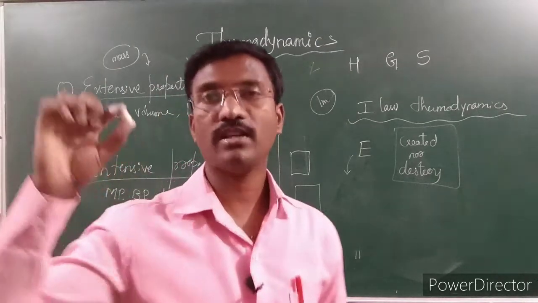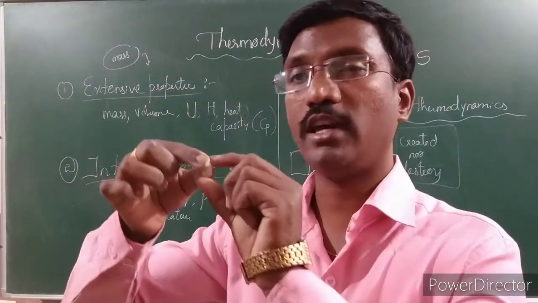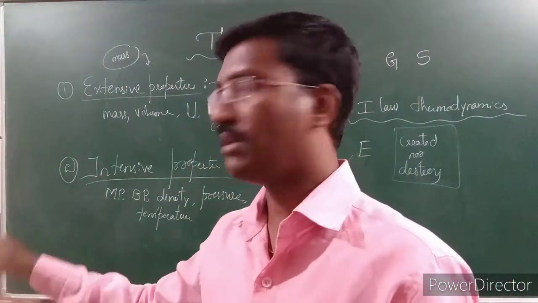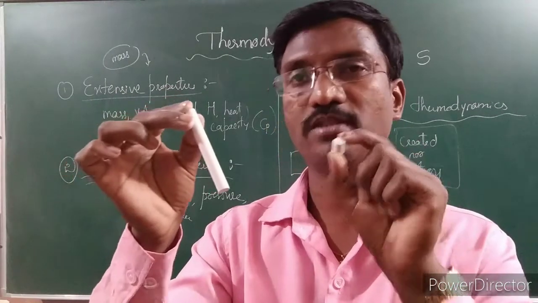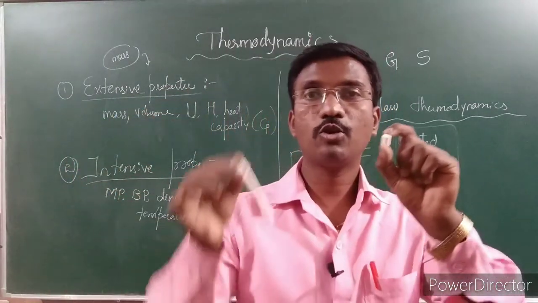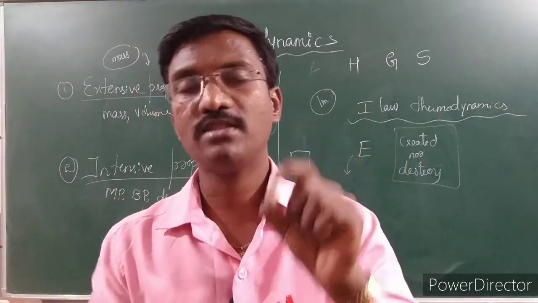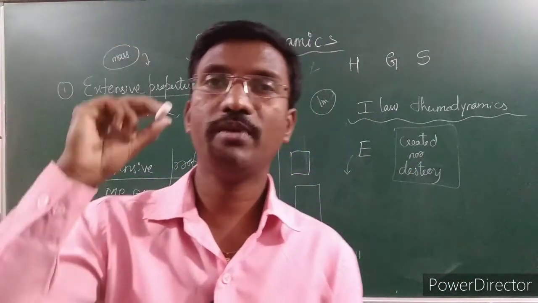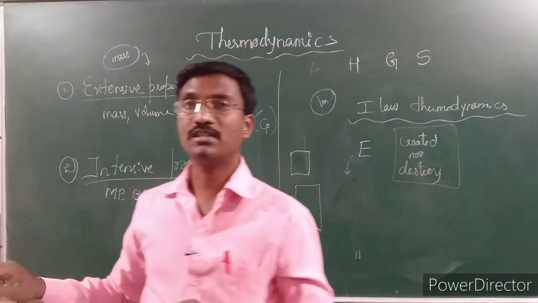If I want to calculate the boiling point of this chalk, I can calculate it whether it is smaller or a larger one. Whether it is soluble or not, to check this, there is no need to take the larger one. If the smaller one is dissolved, no doubt the larger one will also be dissolved in the water. So in this condition, mass is not required.